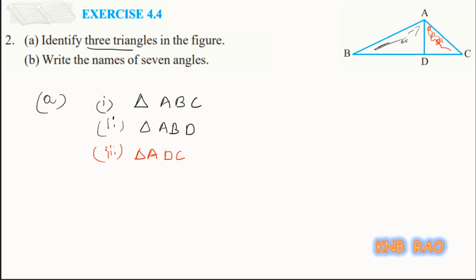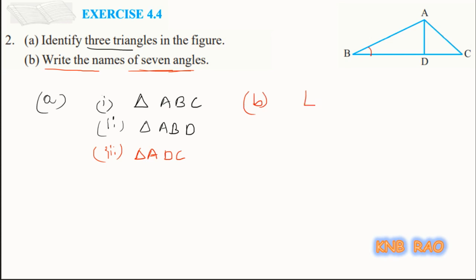Now coming to the sub question B, write the names of 7 angles. There are 7 angles. Which are the 7 angles? Let us go for identifying them. Coming to the first, here is one angle.